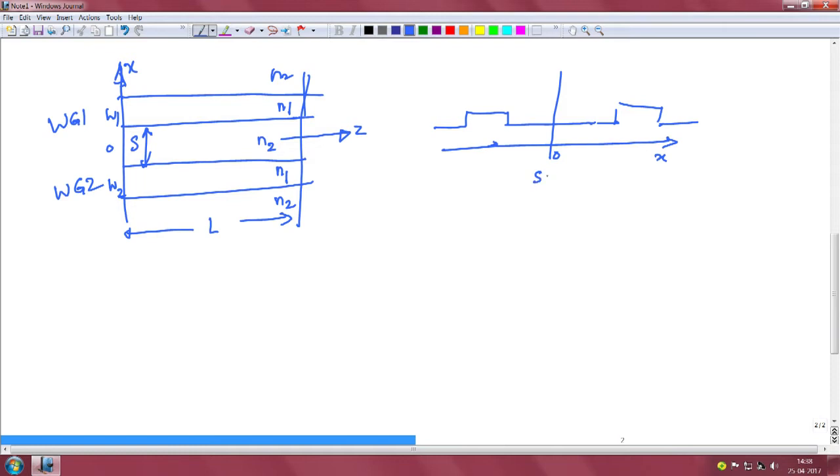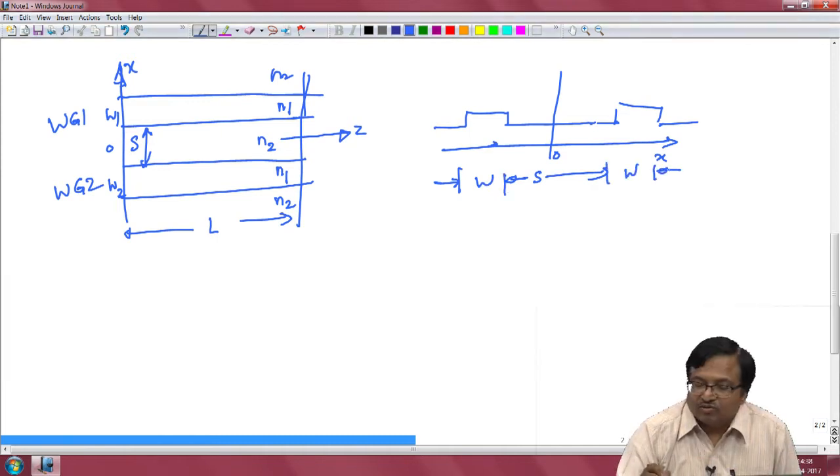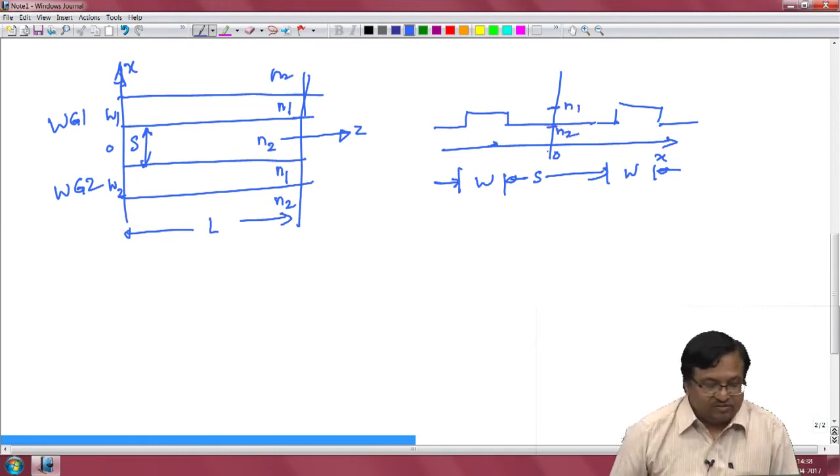Origin, the spacing S, the width W, and so on. So, this is N1, refractive index in the core is N1, outside is N2, and of course, 0.